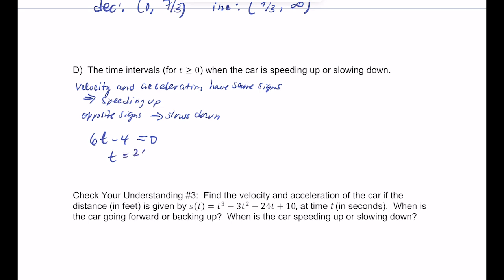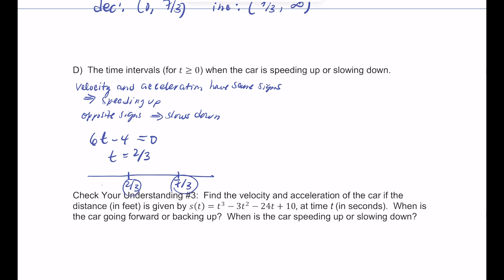I get 4/6 or 2/3. Okay, so I'm going to use 2/3, and then I'm also going to use 7/3 from the last part, right? I need to incorporate that as well.